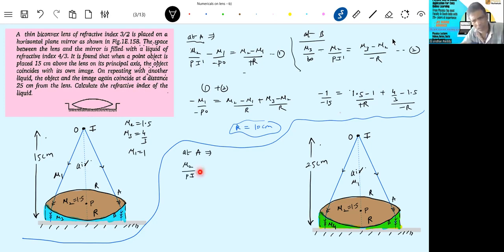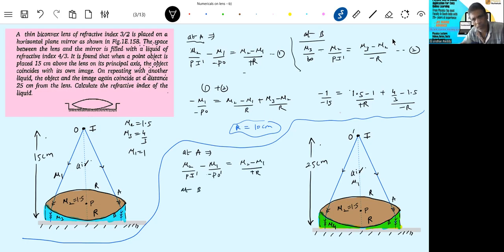Actually, it should be same. So let me write pi dash only. Mu 1 minus mu dash. Some other position. It should not be same thing. No? Dash equal to mu 2 minus mu 1 plus 1.